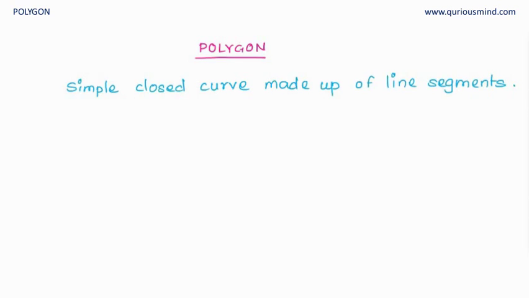Now, we need to pay attention to these words. It is a simple closed curve and it is made up of line segments only. So for example, we remember that a simple curve does not overlap.